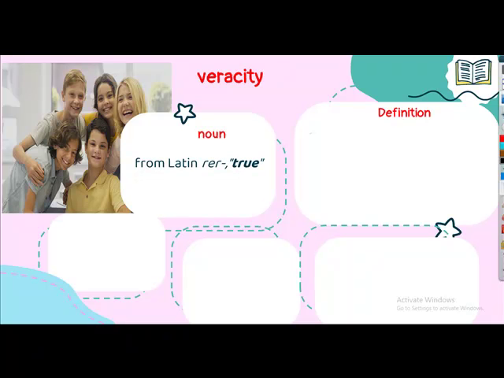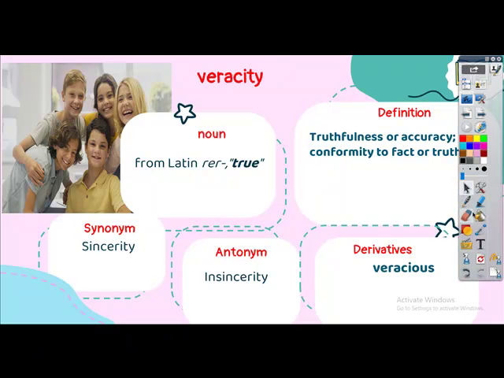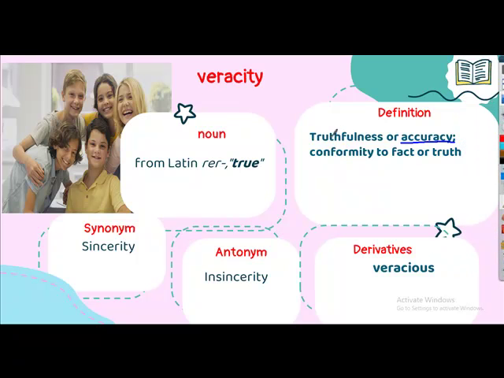Truth. The truthfulness or accuracy of his testimony. So, the sincerity, the accuracy, the truthfulness. Of course, the antonym would be insincerity. You can use the words accuracy or truthfulness as synonyms for veracity.